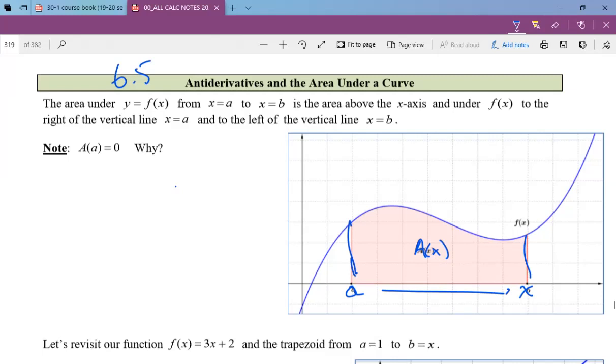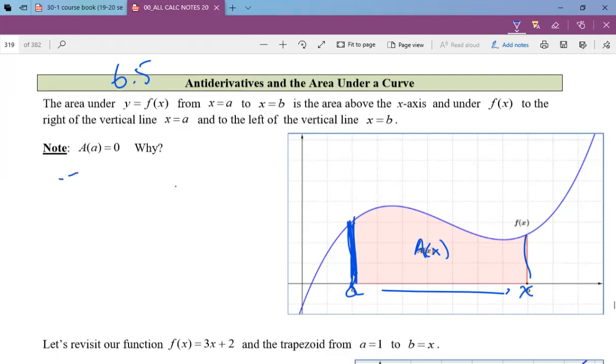If we talk about the area, or A of little a, that ends up being equal to 0. Well, it's equal to 0 because it's the area bounded by a on the left and then a on the right, which ends up being this infinitely thin area. And in fact, it's so infinitely thin, that area ends up being equal to 0.